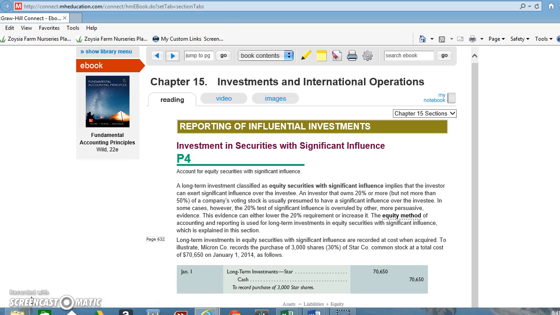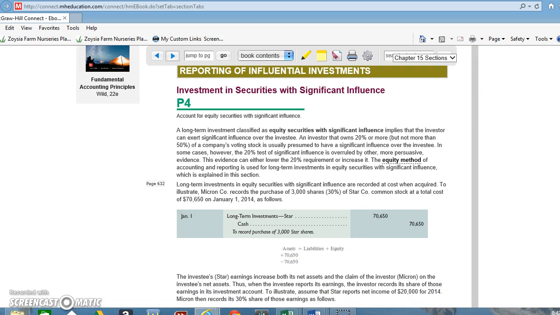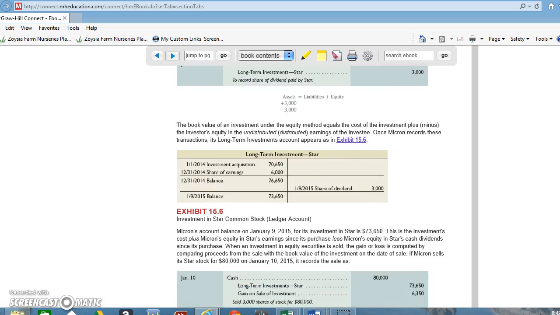The first one here is securities with significant influence, which means that you own 20% or more, but less than 50% of a company's stock. And you'll want to pay attention to how that is presented and accounted for.